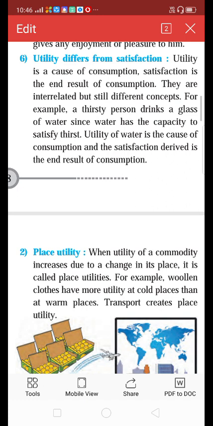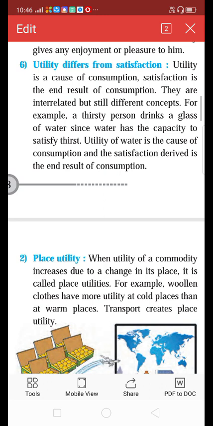When he starts eating the food, he gets utility. But he will take satisfaction after finishing the entire food from his plate, the entire consumption. So utility is the beginning point and satisfaction is the ending point of the consumption of a commodity. That's why they are different by nature. Both are interrelated, but a little bit different by nature.